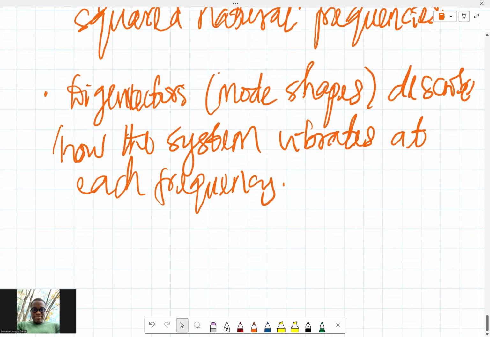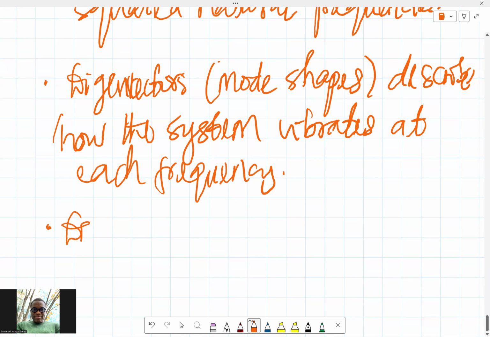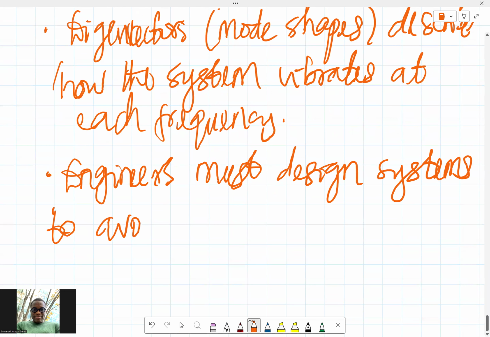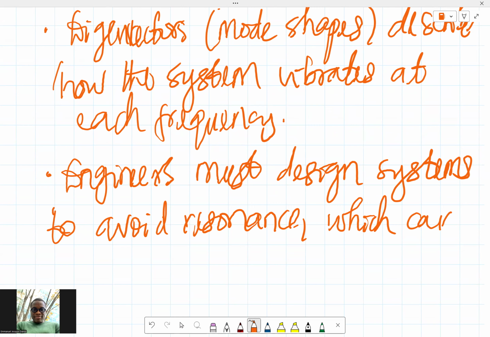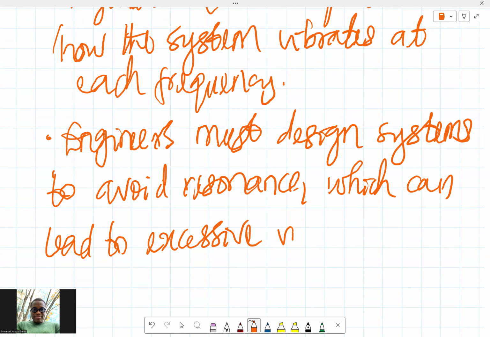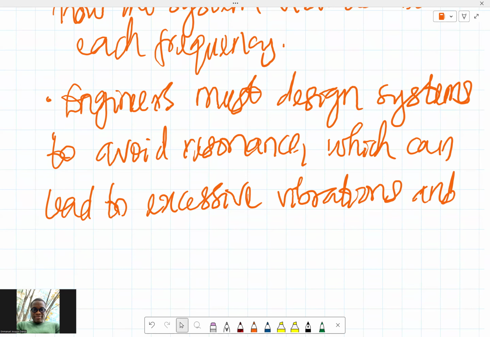And lastly, we can say that engineers must design systems to avoid resonance, which can lead to excessive vibrations and structural failure.